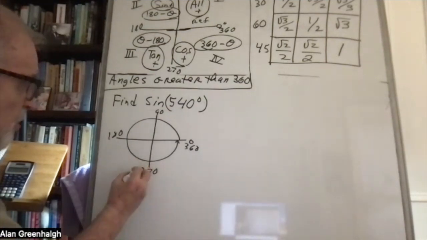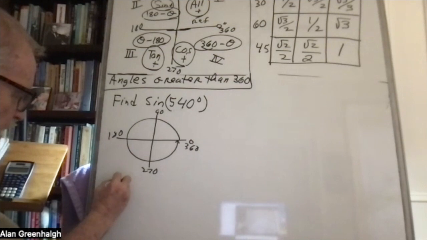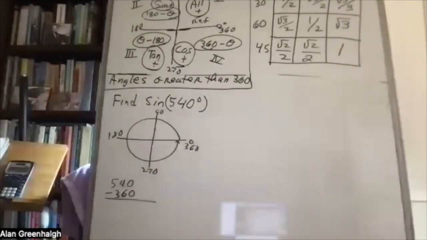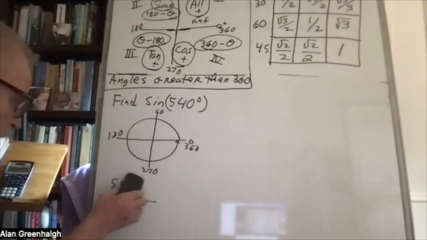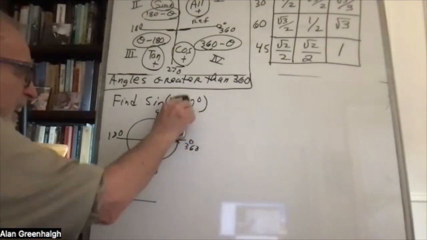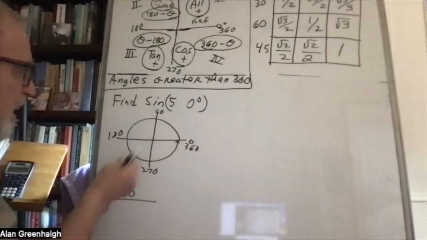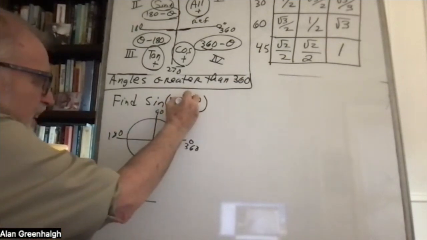The first thing you do is take 540 and subtract 360. It gives you 180. Yeah, I know, I don't want that.